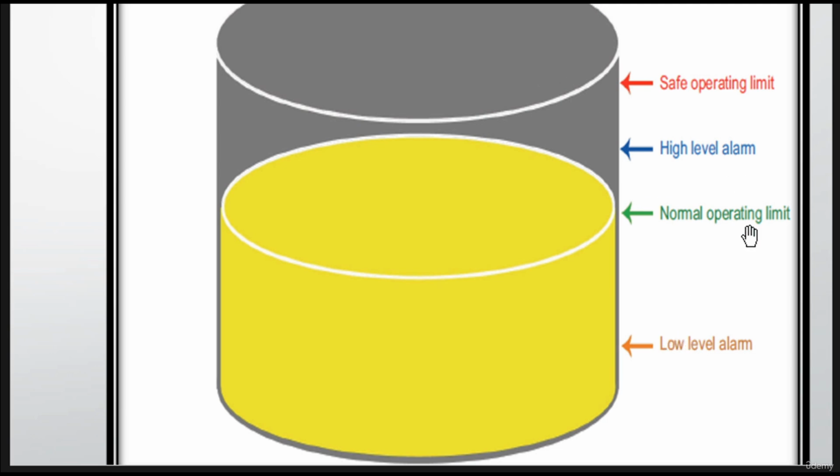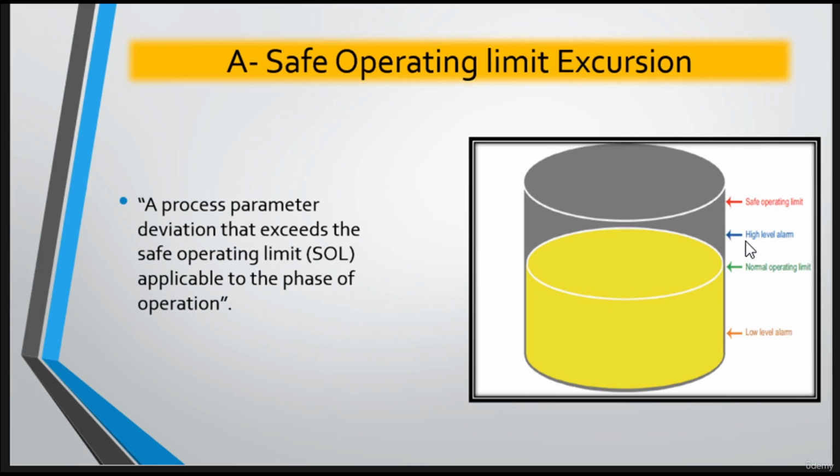But what if the level exceeded the safe operating limit, which is above the high level itself? This is considered to be an indicator. Okay, so what if the excursion took place? One might say, what if this happens? It means that there is either a fault in your operation or a fault in setting the parameters for high level. Okay, moving on.